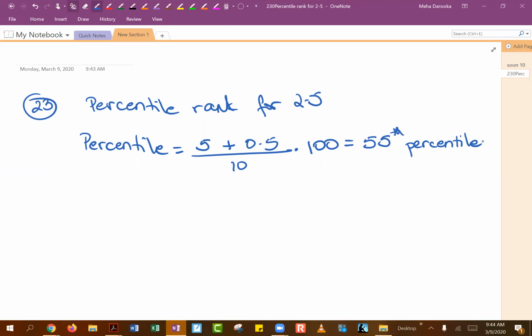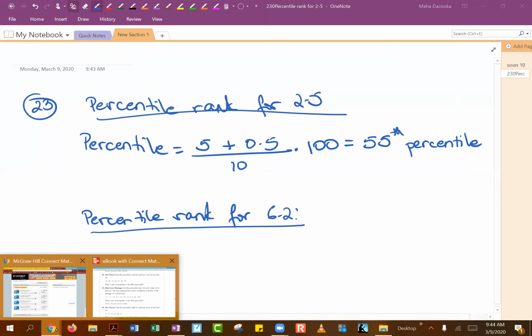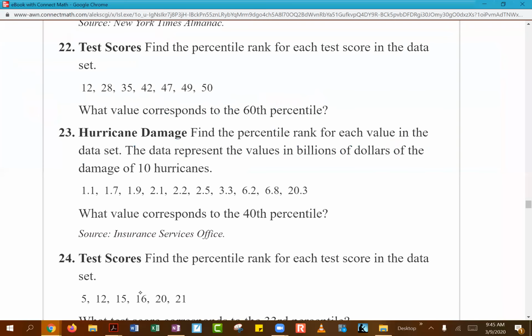Okay, what do you think we would get if we tried to do the percentile rank for, let's do 6.2. So let's go back to the example so you can take a look at it for 6.2.